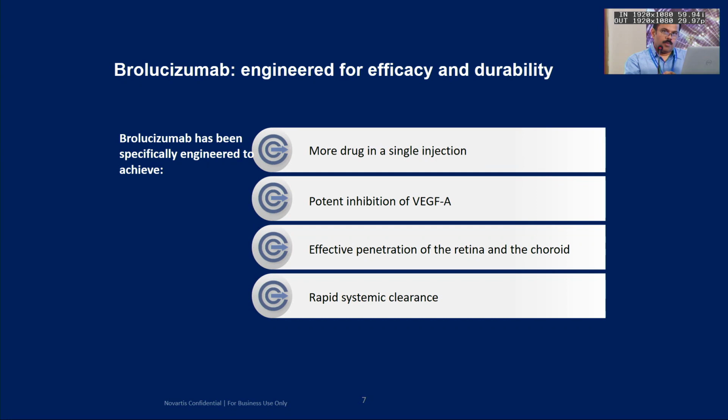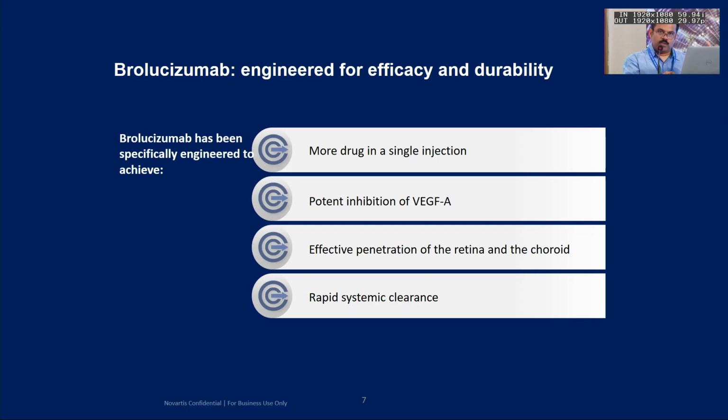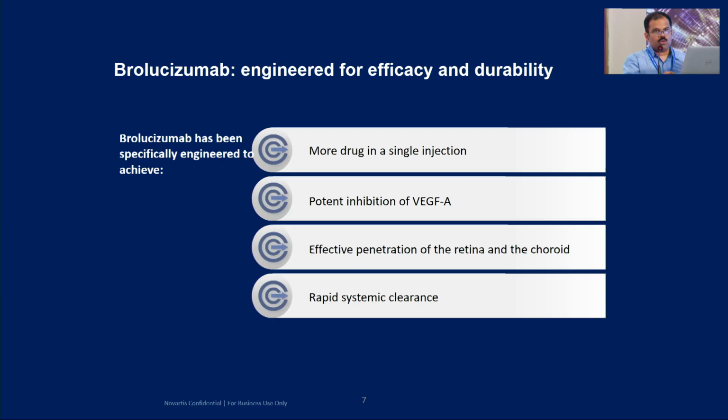So you can deliver more drug in a single injection, because the molecule is so small. More potent inhibition of VEGF-A. In patients with a type 1 choroidal neovascular membrane or a large pigment epithelial detachment, it can go deep into the choroid.